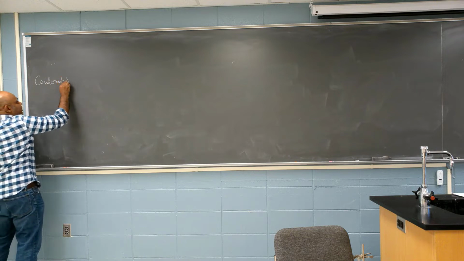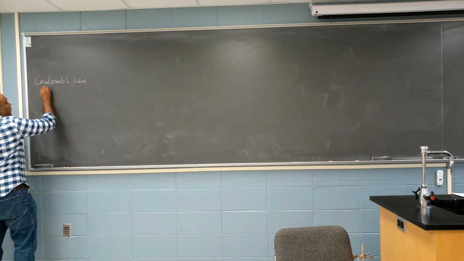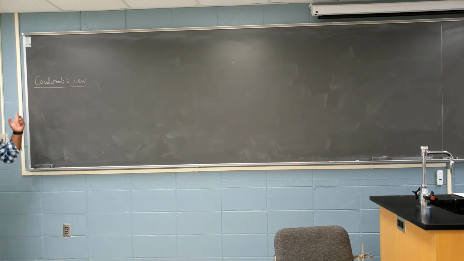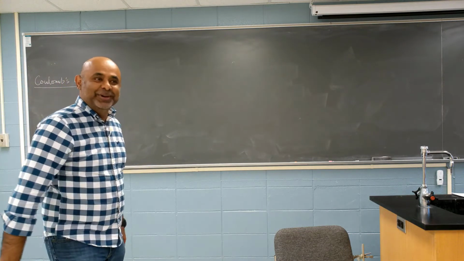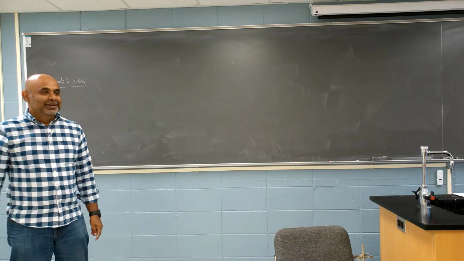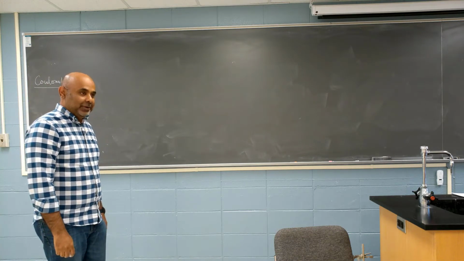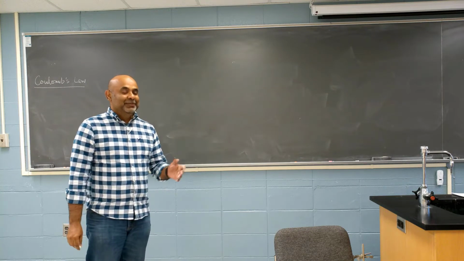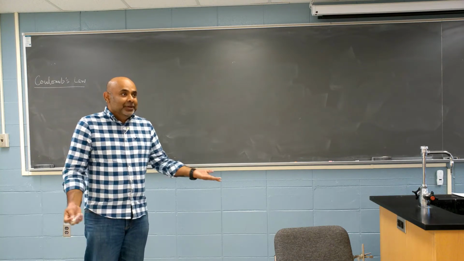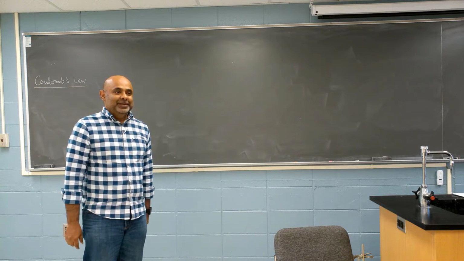C-O-U-L-O-M-B. It's about the only word I know how to spell. So every chance I get to spell it, I spell it. You told me you could spell vacuum. Right, that's the other word. Correct, yeah. Vacuum in Coulomb is V-A-C-C-U-M. No, you got it wrong again.